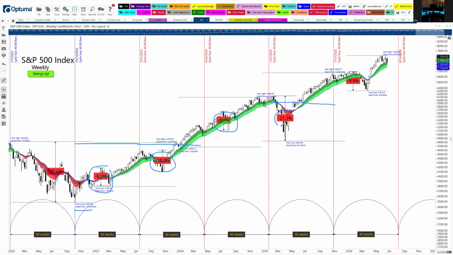This one went double. That's where we had this April low. Then this 40 weeks that we're in right now, 10. So it's just every 40 weeks, except for this one, this market corrects 10% every single time in this 40-week window.